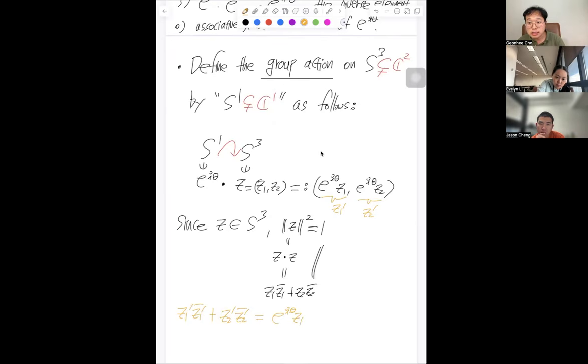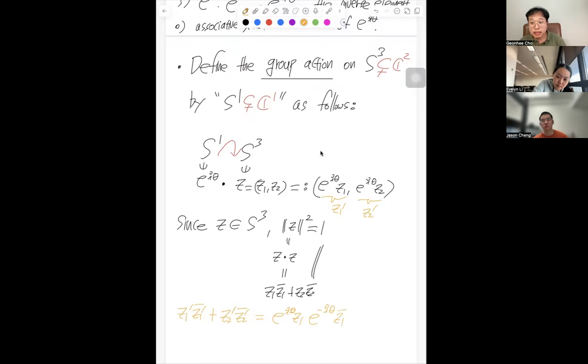So when we put the complex conjugate, what happens? The imaginary part turns negative. So we will get e to the negative i theta here first, and it becomes Z1 bar.